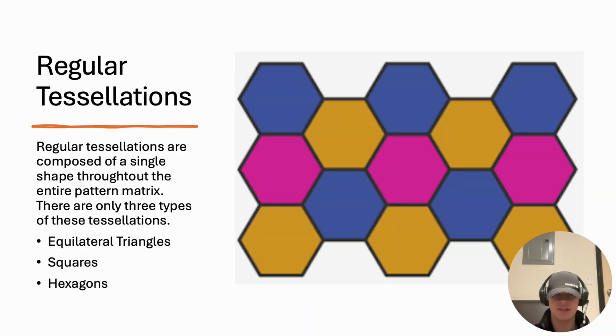The first type of tessellation we're going to talk about is regular tessellations. These are composed of a single shape throughout the entire matrix, and there's only three types of these tessellations. You have equilateral triangles, you have squares, and you have hexagons. Something to also note is that with equilateral triangles and hexagons, you could even take hexagons and split them up into equilateral triangles.